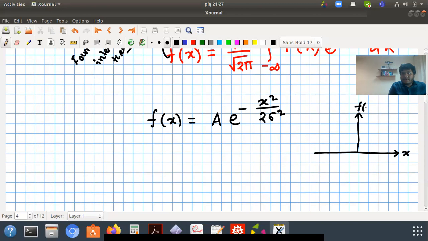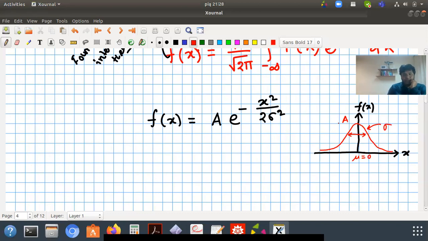This is the function f of x, drawn here. Something like this, where a is the normalization constant, and this will be your sigma, the width of our distribution, and here mu equals 0. Am I right?